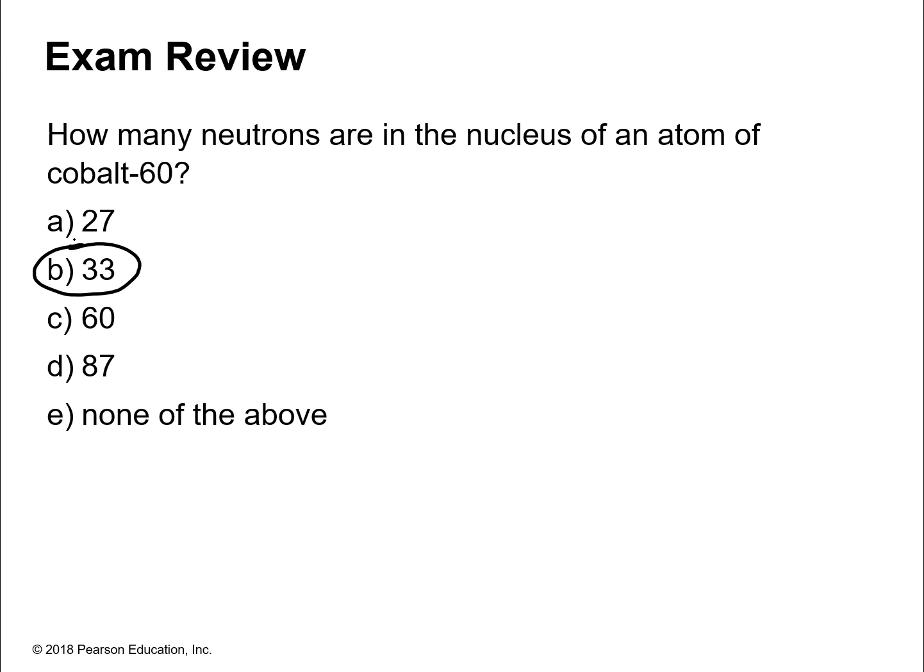So it looks like those of you that have put your answers in, that we are converging on B. So let's walk through it, just in case there are some folks who were like, wait, what? This 60 here, cobalt-60.